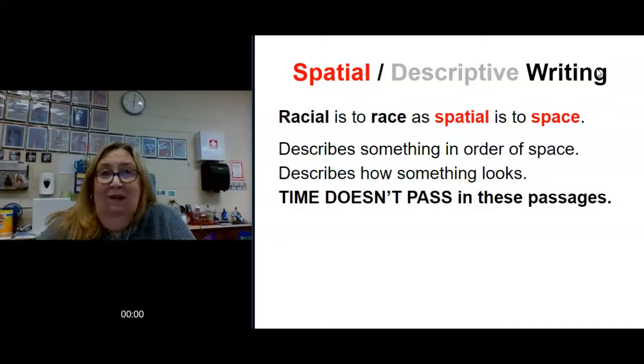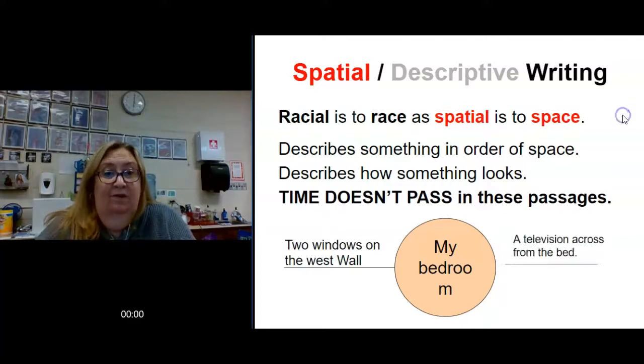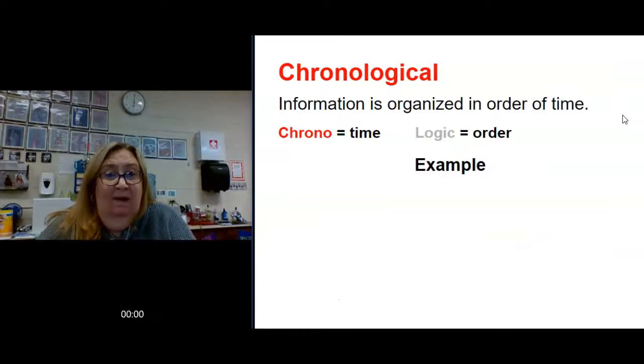This is not writing where time passes. There's no beginning, middle, and end. It's all about describing someone, something, someplace. This is not mine, but I showed you the description of my bedroom before you created your descriptive map.